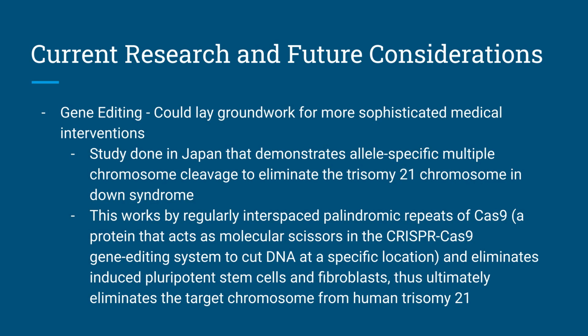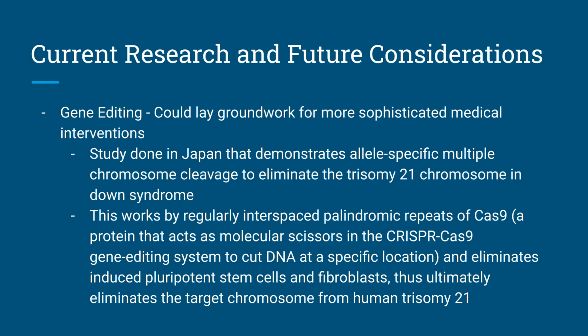Gene editing has been a big research topic among congenital abnormalities and could potentially lay the groundwork for more sophisticated medical intervention. One study done recently in Japan demonstrated multiple chromosome cleavage to eliminate the trisomy 21 chromosome in Down syndrome.